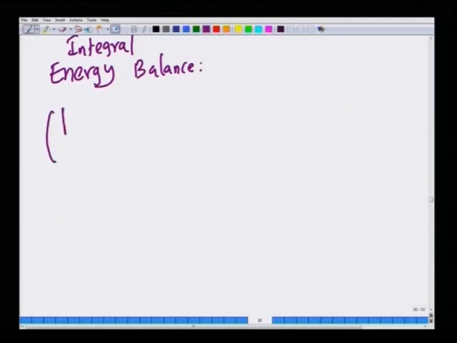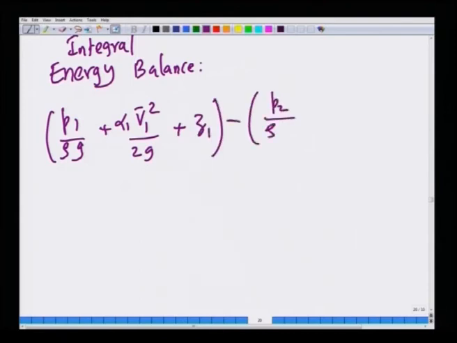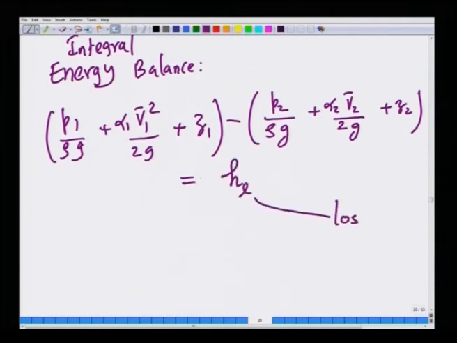So, you have P1 by rho g, since you have an incompressible fluid, so rho is constant, plus alpha 1 V1 squared by 2g plus Z1, minus P2 by rho g plus alpha 2 V2 squared by 2g plus Z2, is equal to the many losses that are present, okay, minus the work done on the system, on the CV, by way of pumps or something like that.